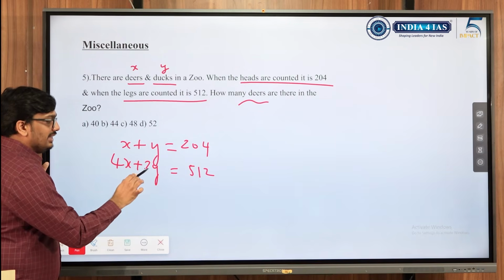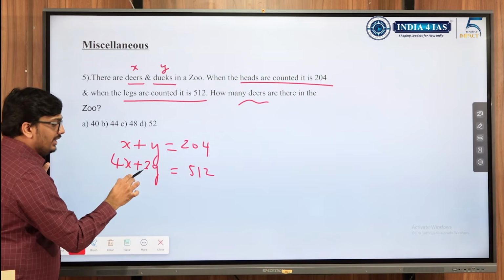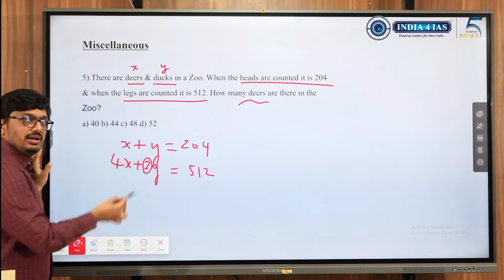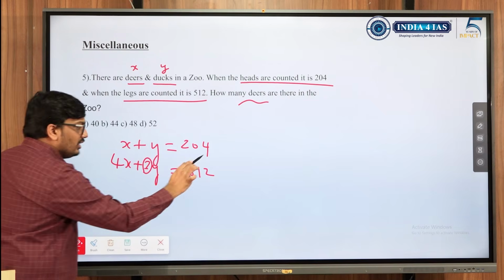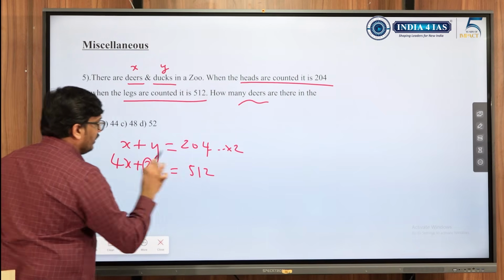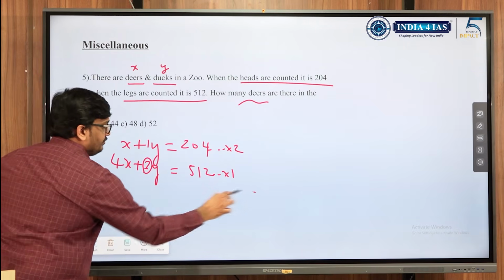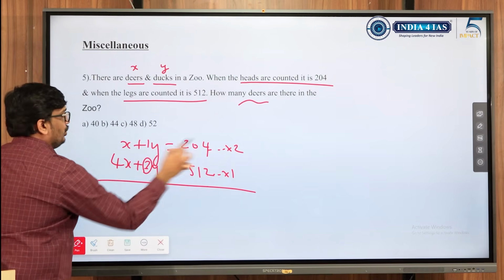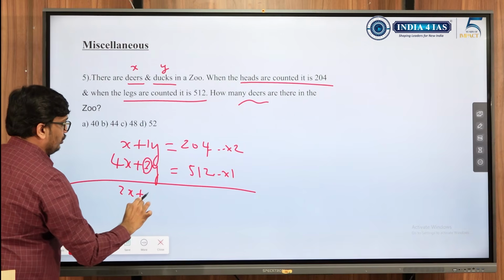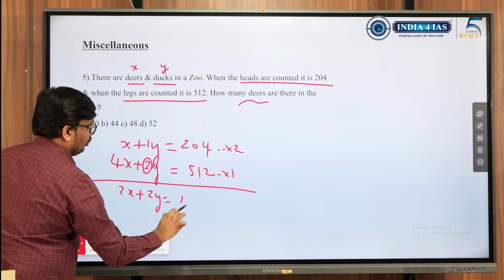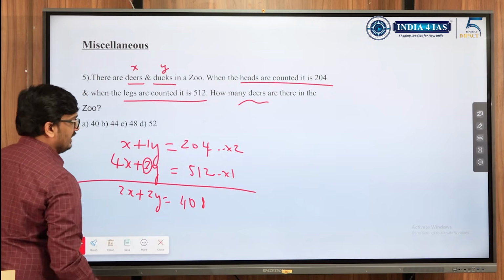In simultaneous linear equations, if you want to cancel Y, just see the coefficient and cross multiply. Multiply the first equation by 2, and the second by 1. Then the new equation: 2 into X is 2X, 2 into Y is 2Y, 2 2s are 4, 2 4s are 8, so 2X plus 2Y is equal to 408.